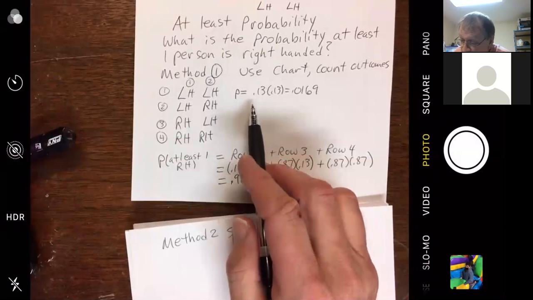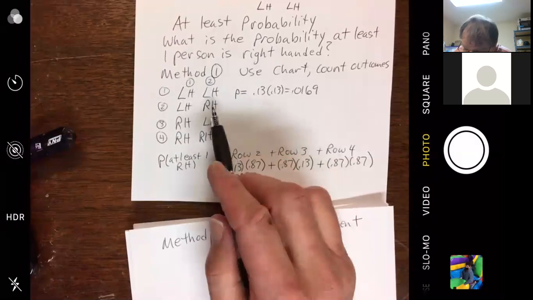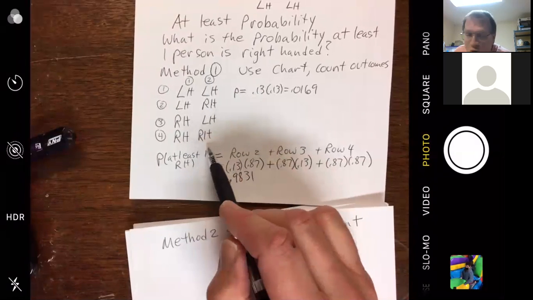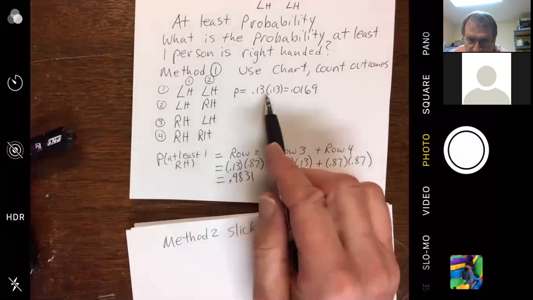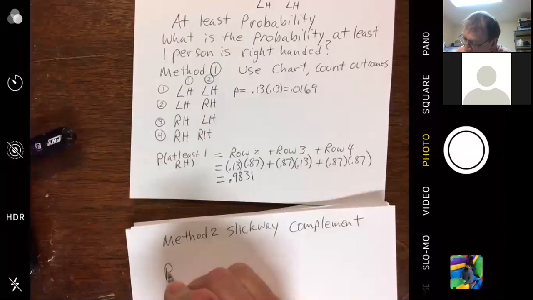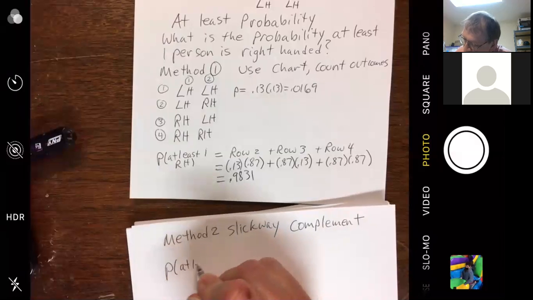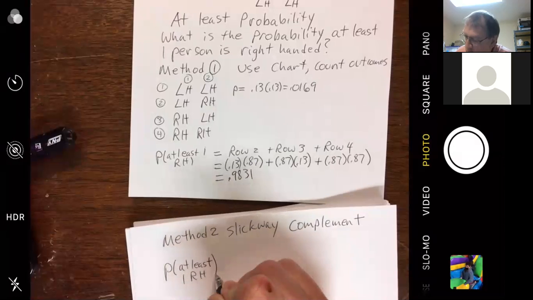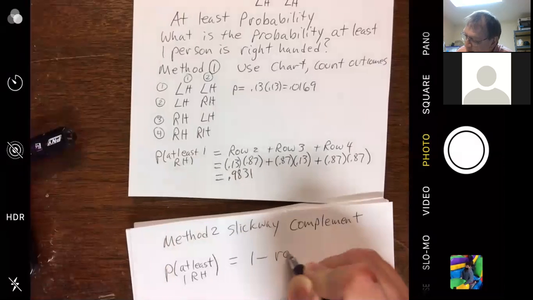Yes. So you see with rows 2, 3, and 4, that's the complement to the answer for row 1. So I could very slickly get the probability of at least one right-handed by going 1 minus row 1.